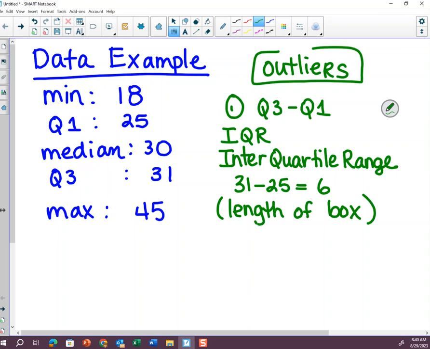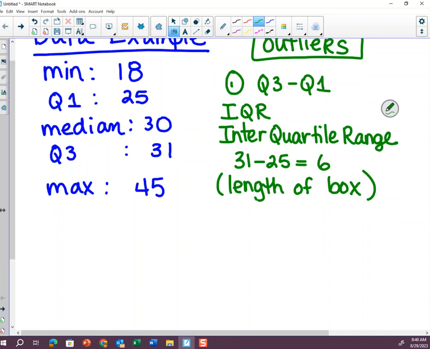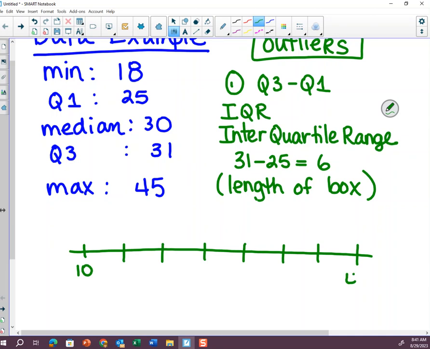That's the length of the box on the box and whisker graph. If we were going to make a box and whisker graph out of this data, maybe I would start at 10 and count by fives. Let's see, 15, 20, 25, 30, 35, 40, 45.